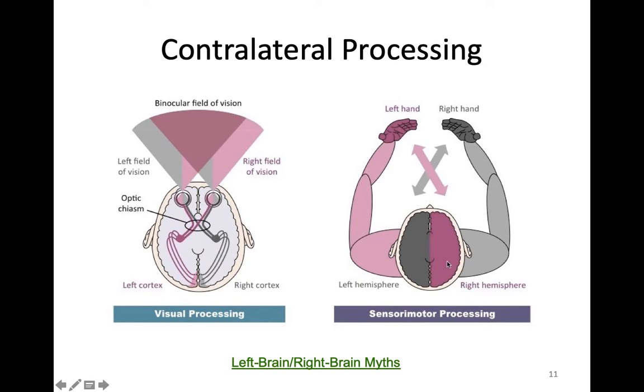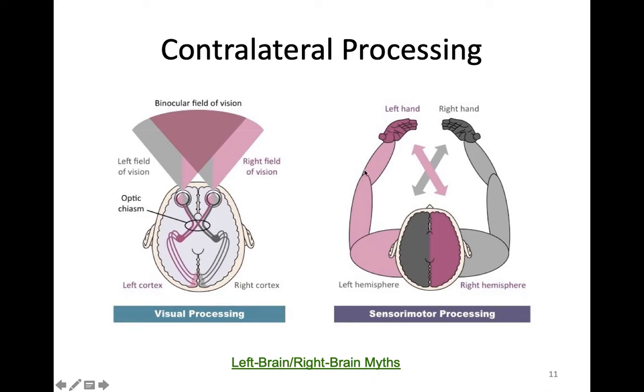Okay, it's also the case that our right brain, the right hemisphere, controls our left hand as well as bodily functions and movements on that left side, and the left side of our brain controls the right side of our body. So it is the case that we engage in this contralateral processing. But you'll see this link that I've included here that's led to quite a few myths about what our left side does and what our right side does.